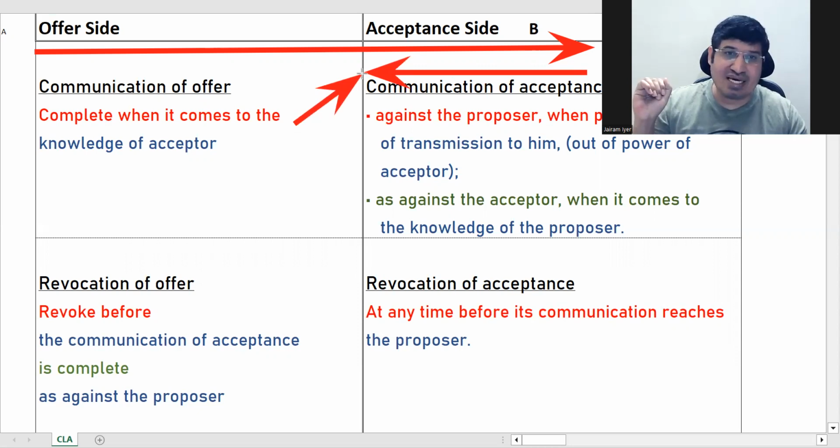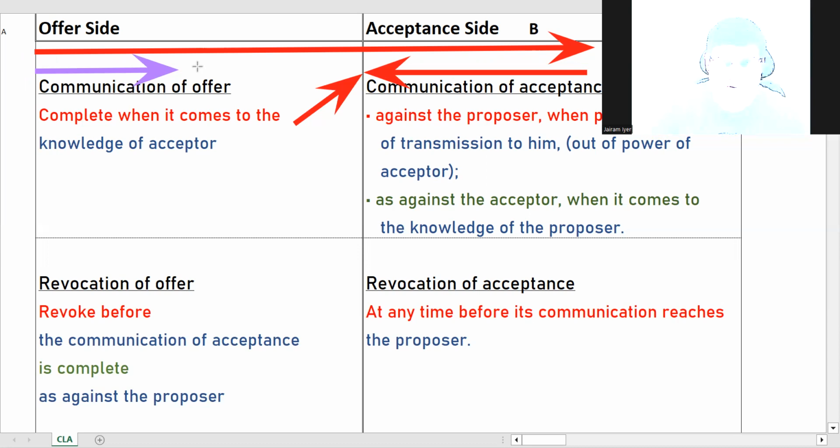Now he wants to revoke, so he will communicate the revocation. So when is communication of revocation complete? For revocation you will have time till here, but for communication of revocation, when this person writes a letter of revocation and posts it, then as soon as he has posted it, communication of revocation is complete.